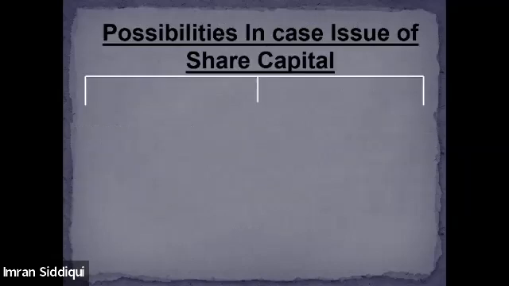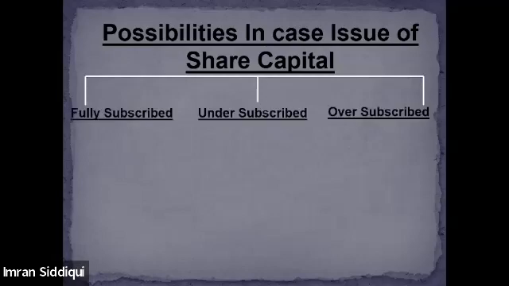All right, so let's start with, first of all, let's talk about the possibilities when shares are issued to public. There are three possibilities. Shares are fully subscribed. For example, if 10,000 shares are being issued to public, there is a possibility that all 10,000 shares are completely subscribed by the public.